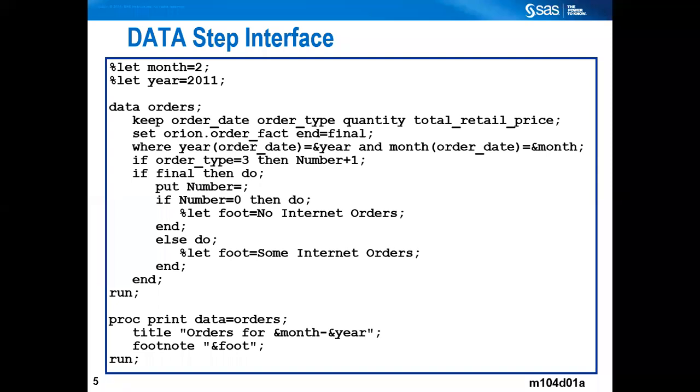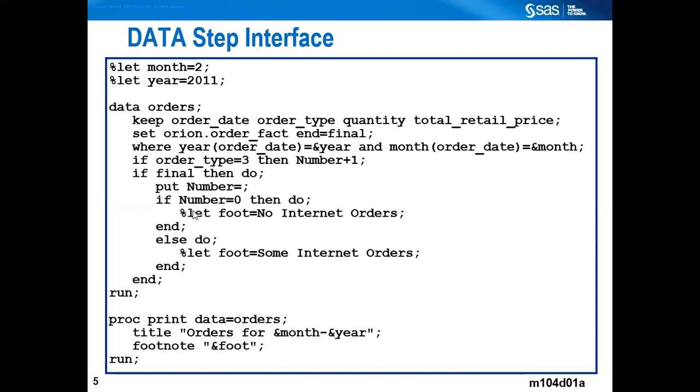So if final is equal to 1, then you are seeing the value for number, which you will be looking into the log, and you're writing if number is 0, that means there are no internet orders. Obviously your number will not get incremented, hence number will be 0.